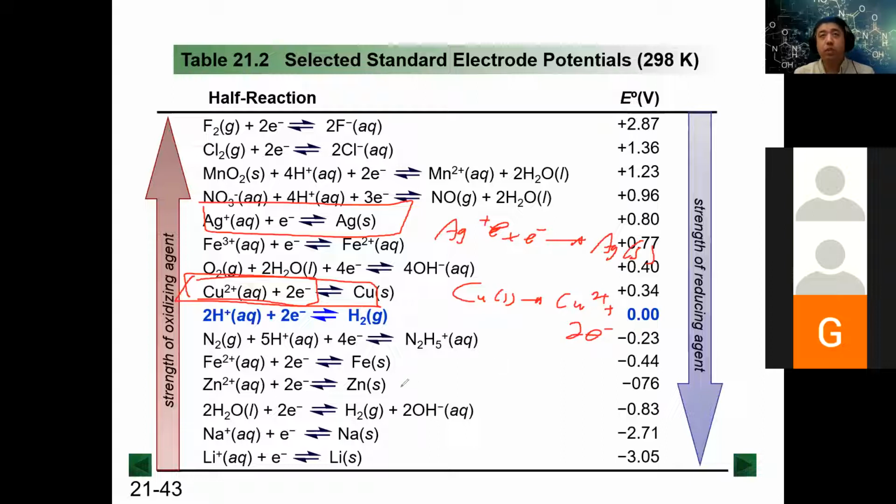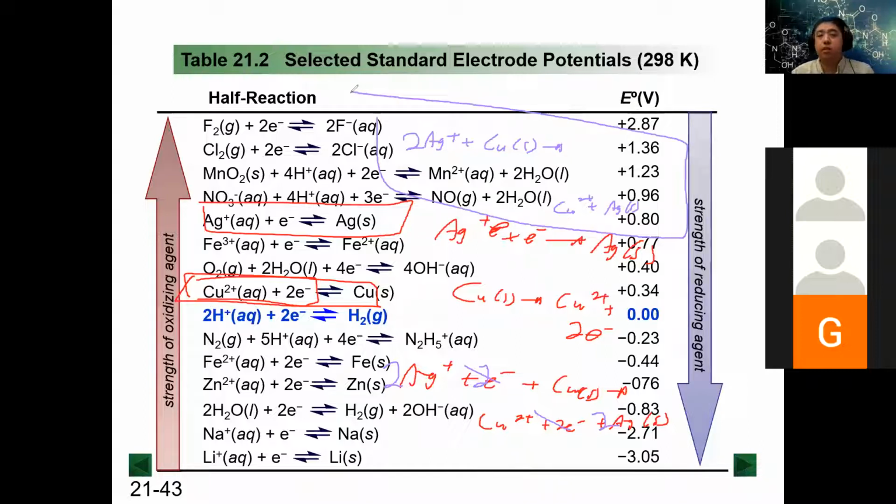So when I put the two equations together, I have Ag+ plus an electron plus Cu solid changes into Cu2+ plus 2 electrons plus Ag solid. With that said, I also need to make sure that it is balanced. So I put a 2 here, a 2 here, a 2 here. I cancel out the electrons, so it becomes 2Ag+ plus Cu solid changes into Cu2+ plus 2Ag solid. Any questions?